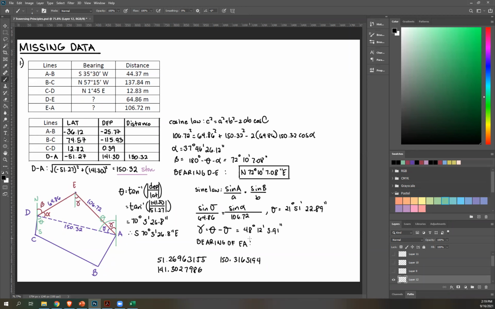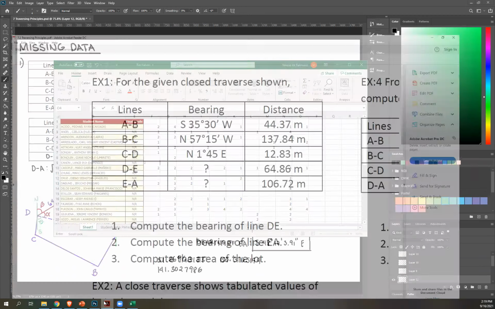So that would be from south going to east. So that's south 48 degrees 12 minutes 3.91 seconds east. And that's it. So that's part 1 and 2.